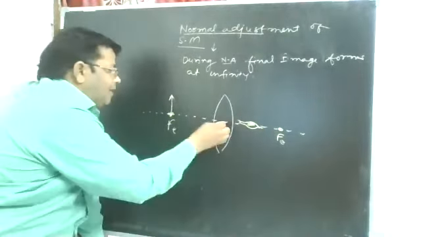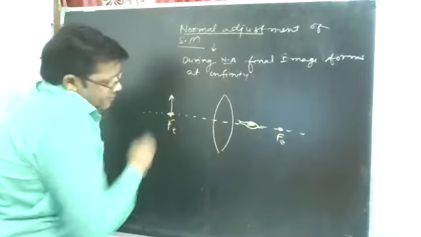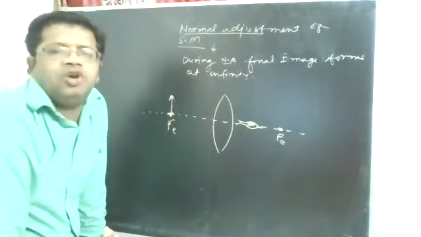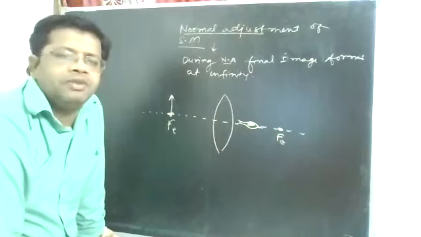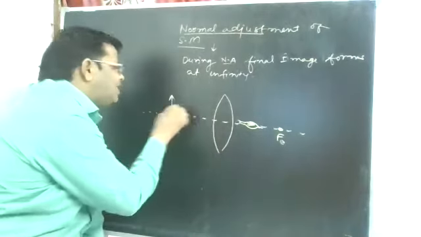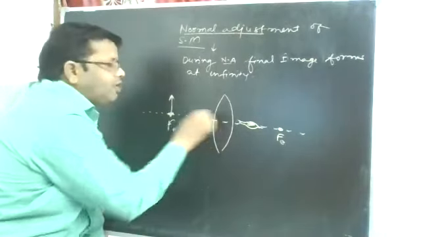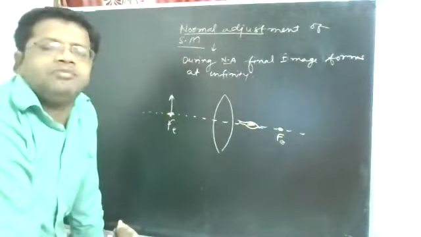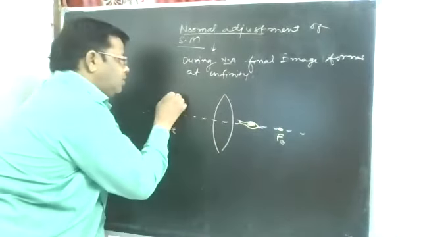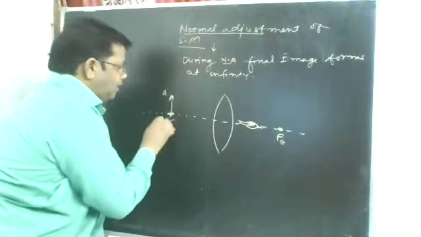When you place the object here and want to see its image at infinity, we know that when we place any object at the focus point of any lens, we observe the image at infinity. Let's see the ray diagram.